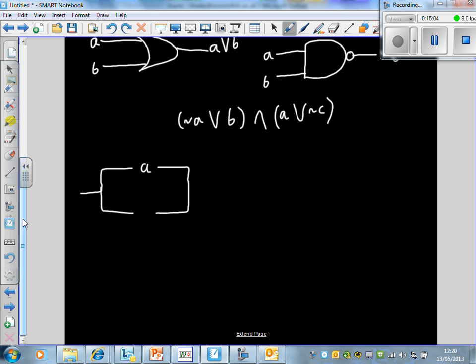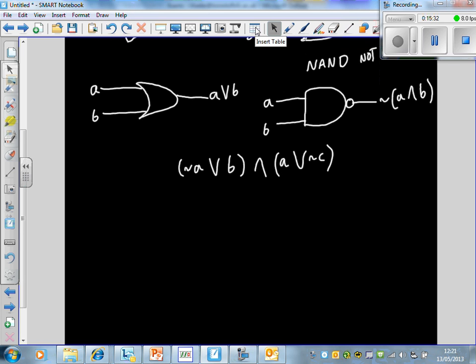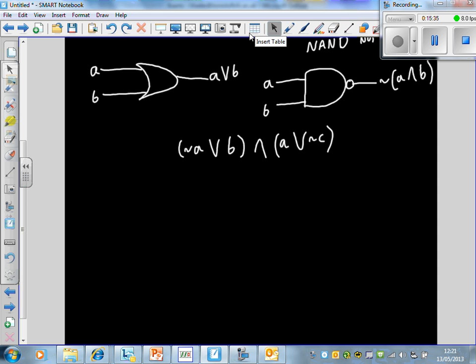So there's A, and there's the B there, that says A or B, or in fact it's not A, sorry. So it's not A or B, and then because we've got the AND there, it's going to be in series. So A, not C. Very simple. That's the switching circuit for that.